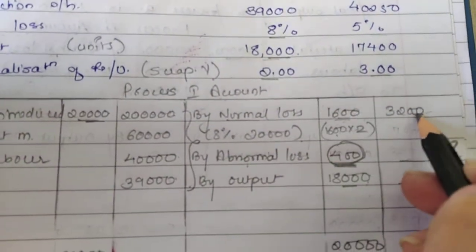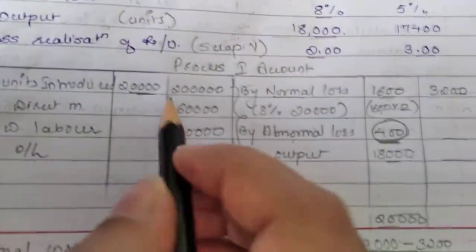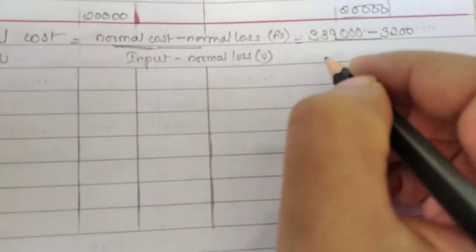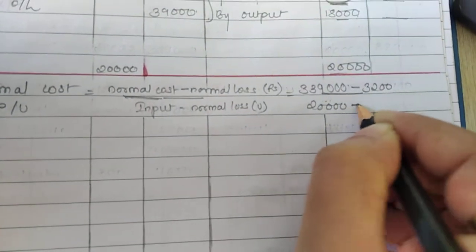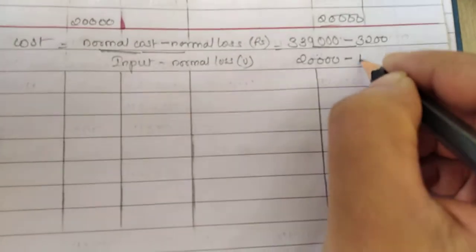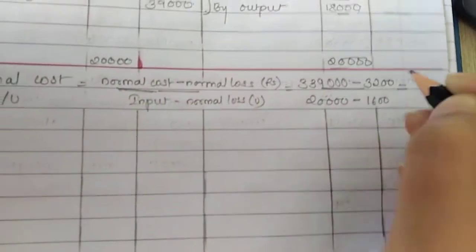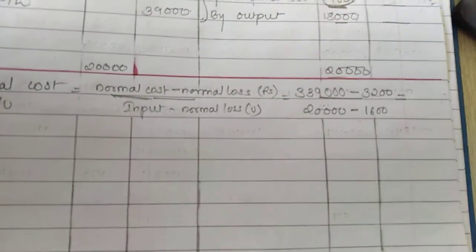What is the loss amount? 3,200 divided by your units that you have introduced, that is input, minus the loss 1,600. Okay, you have to minus this, divide it, and you will get your cost per unit.